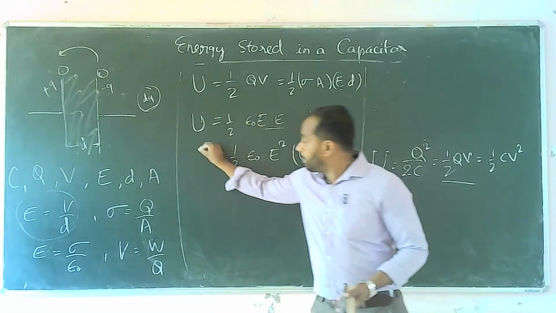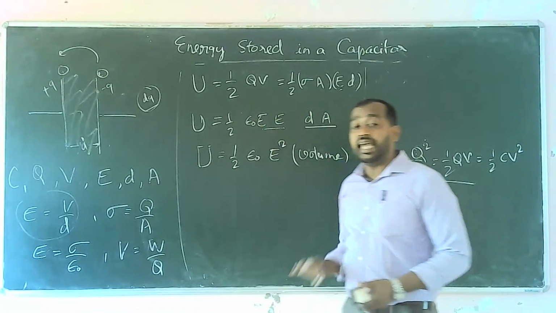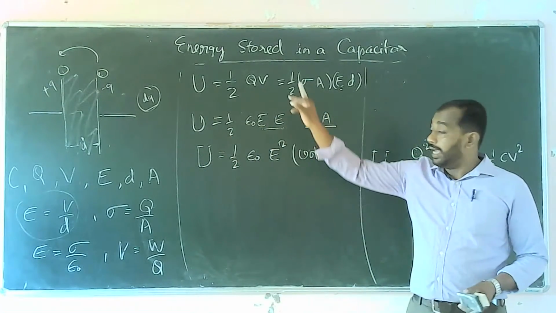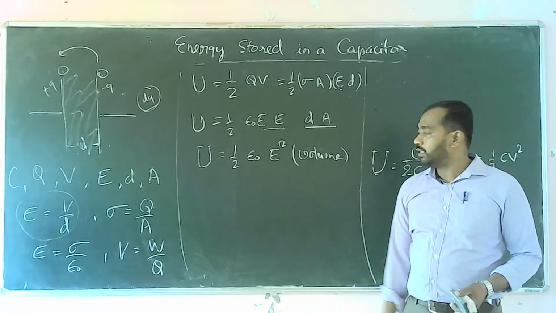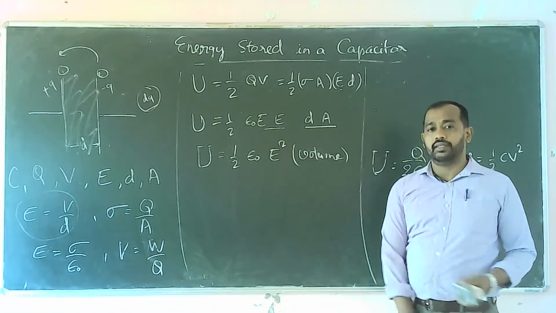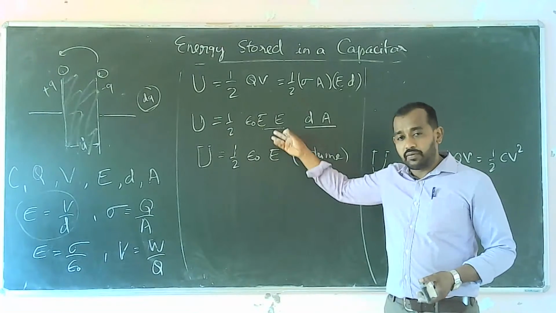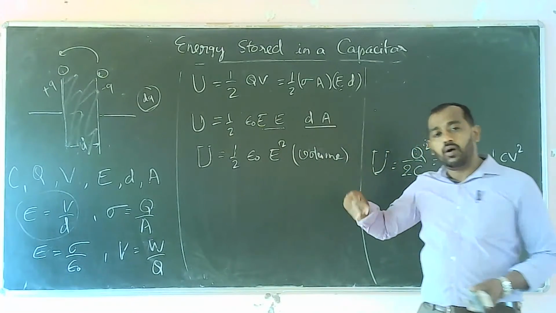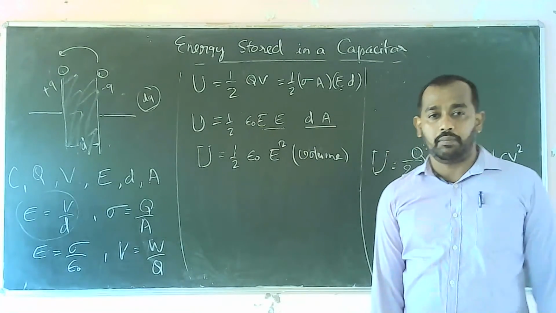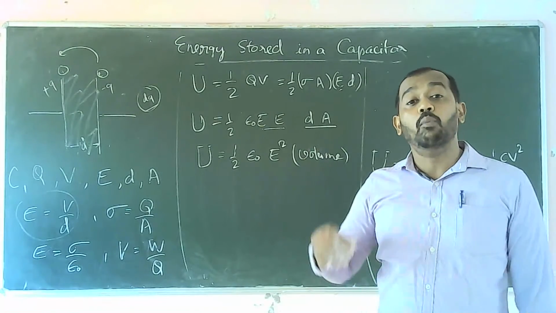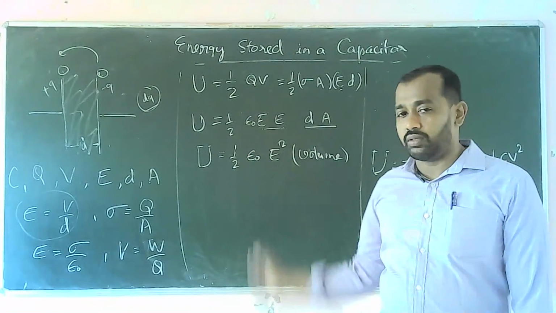So this is the expression for the potential energy stored by a parallel plate capacitor in terms of the electric field. It is equal to half into epsilon naught into E square into the volume of the space between the capacitor plates. But we can generalize it even more.